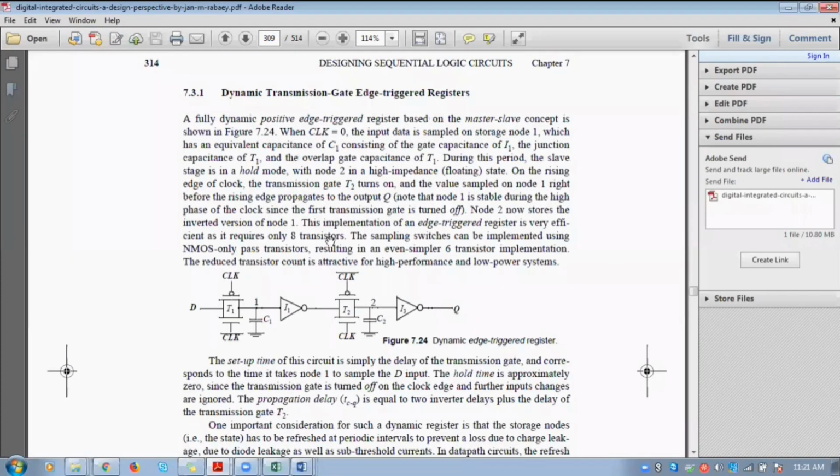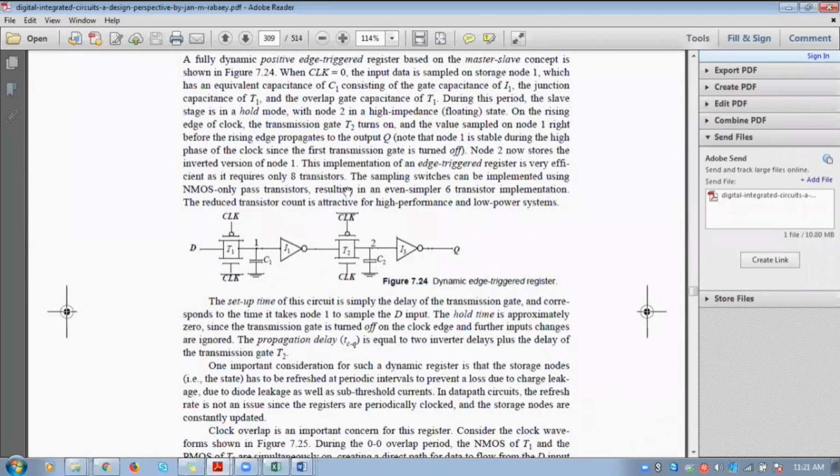In the initial stage of the chapter, we discussed only the positive latch and negative latch. In the positive latch also you have transparent mode and hold mode. We pass the value and we store the value. In the master slave concept, the same type of working is happening.